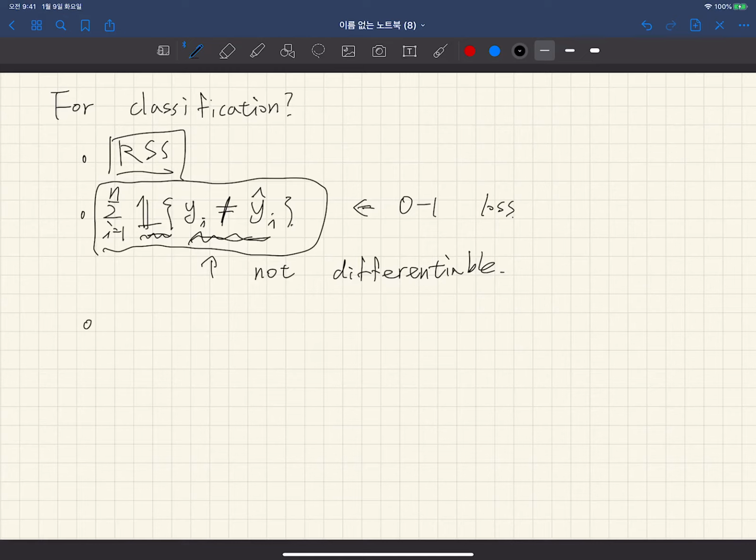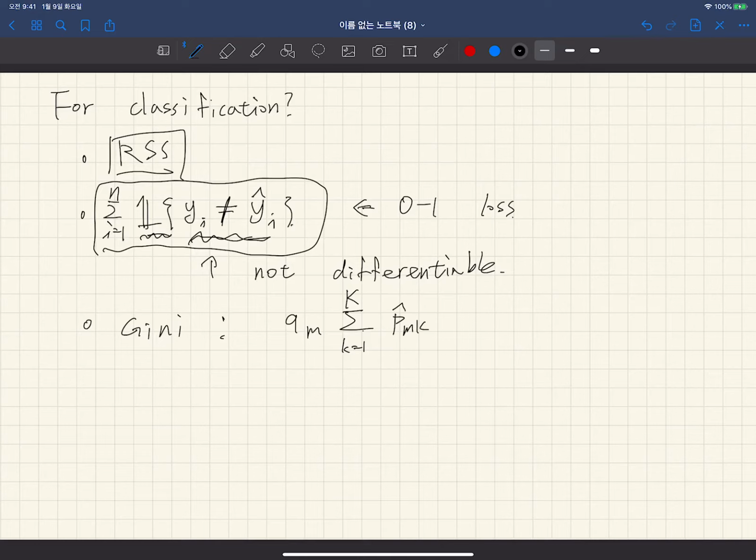The first one I want to introduce, and it is in our textbook, is the Gini loss function. Here the loss value is the sum over m from 1 to capital T of Q_m times the sum over k from 1 to capital K of p hat mk times (1 minus p hat mk). Here capital K is the number of total classes.